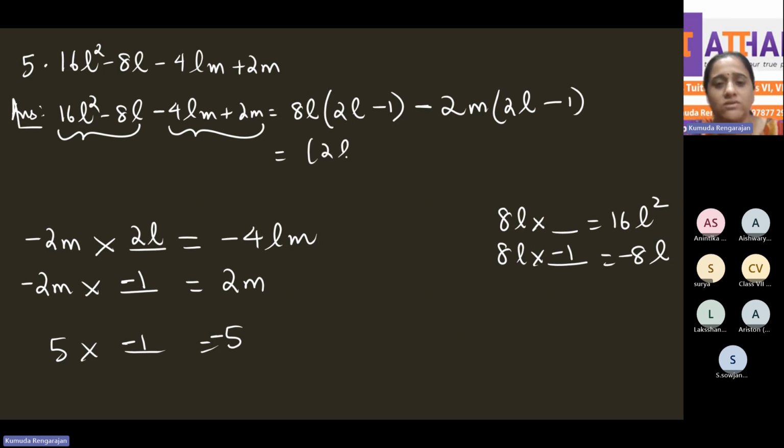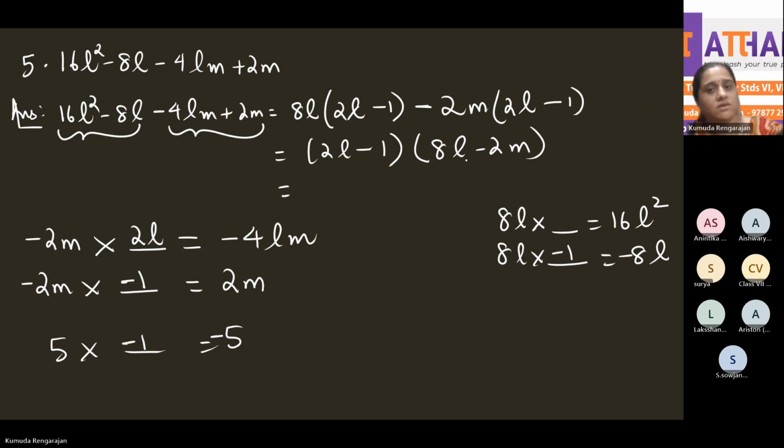Then we see that the expressions in the two brackets are the same. So we write it once, 2L minus 1, and then gather the other terms. Now, we have one more step here. Look at the terms in the second bracket. Is there anything common between the two terms there? 8L and 2M, 2 is common.